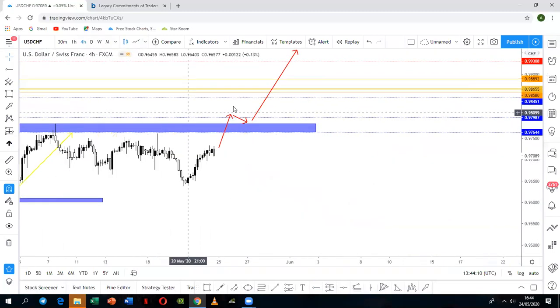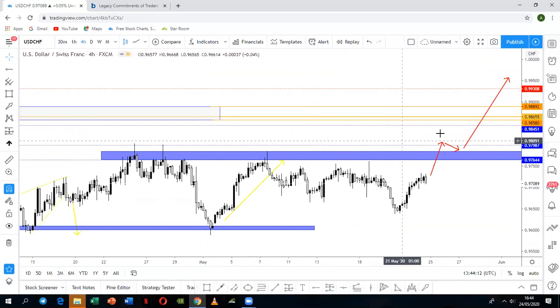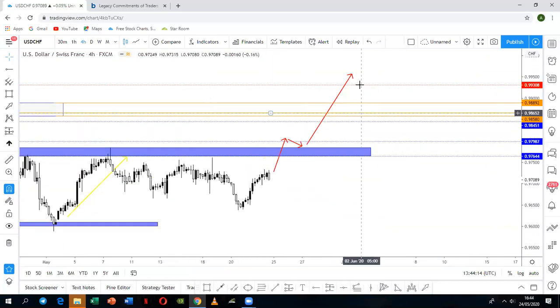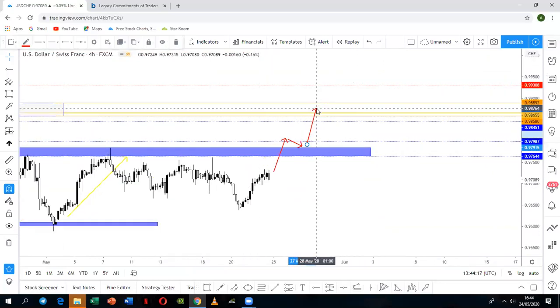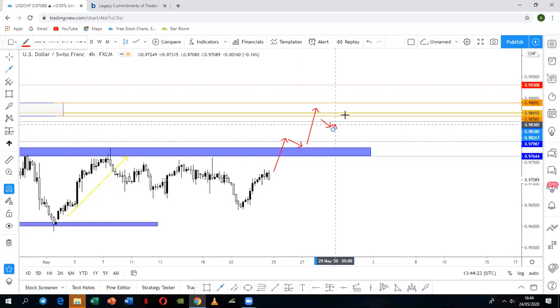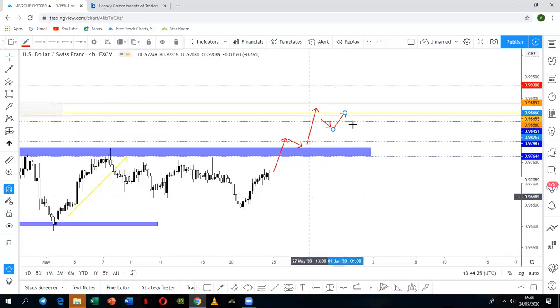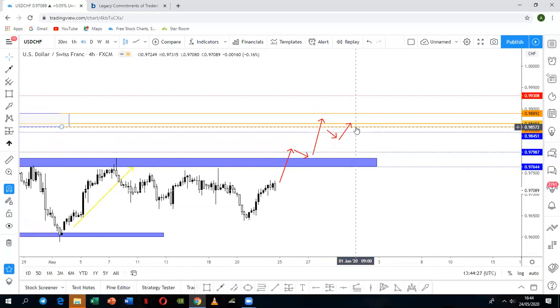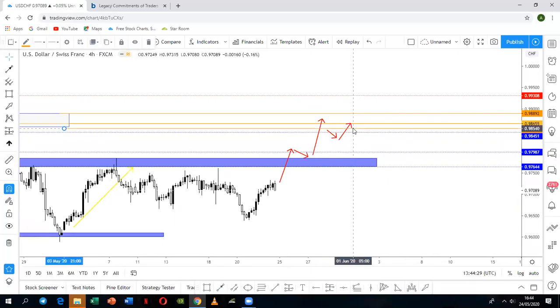Okay. So this is another zone. On the 4-hour, price has to move and test this zone first. It may retest, until it finally breaks out.